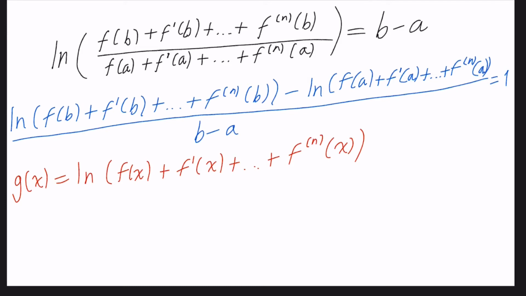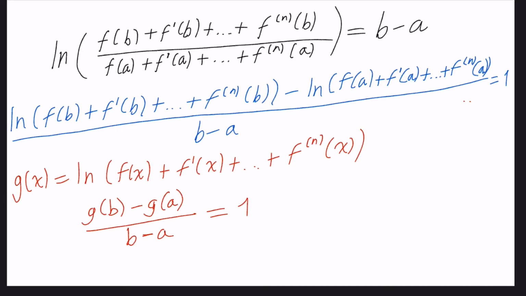Now with this in mind, we can see that this equality in blue can be written as g(b) minus g(a), divided by b minus a, is equal to 1.